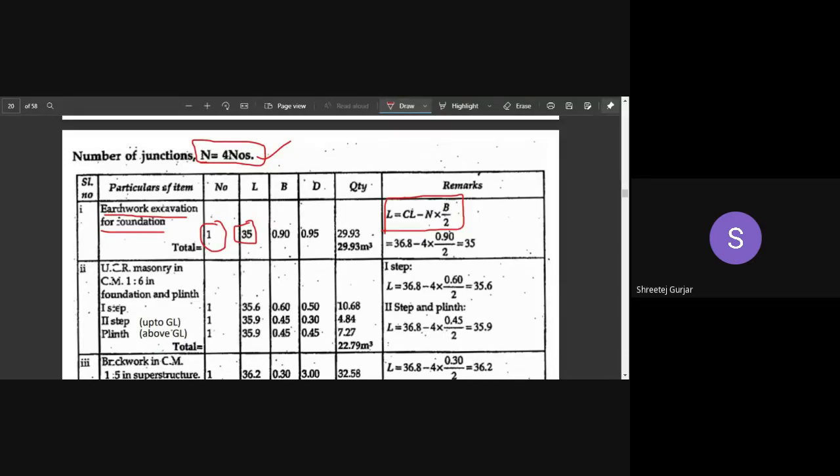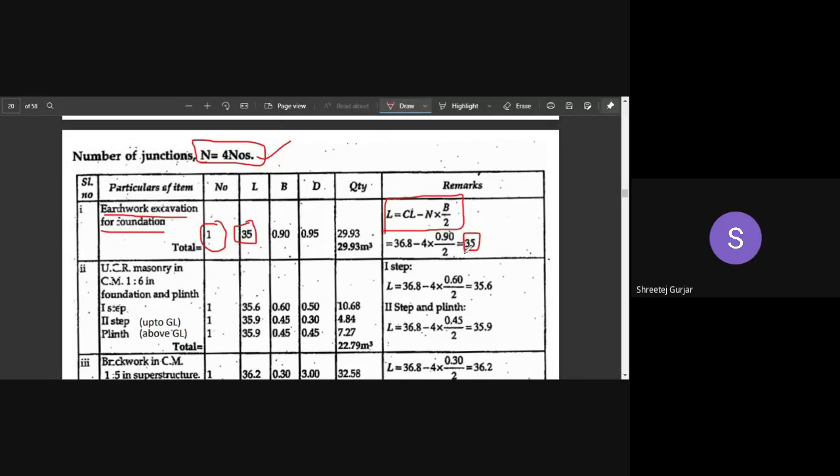The center line length we have calculated is 36.8, minus number of junctions 4 into the width of your foundation, which in the cross section is given as 0.9, so 4 into 0.9 by 2. Calculating this length, we get it as 35 meters.